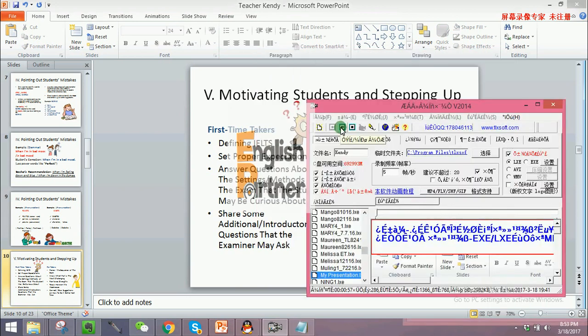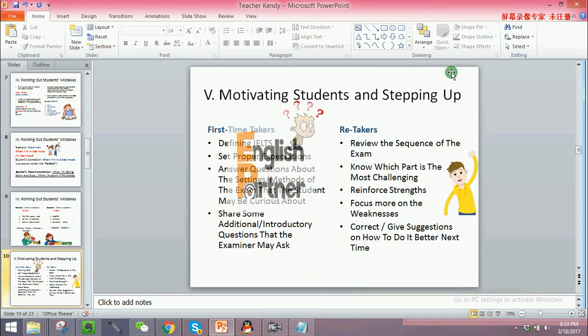Well, for first timers, as it is their first time to take an online lesson, or maybe as well as the IELTS exam, the first thing I do is define IELTS to them.